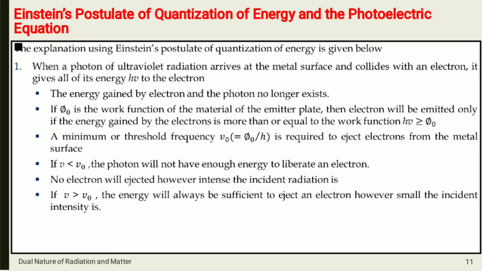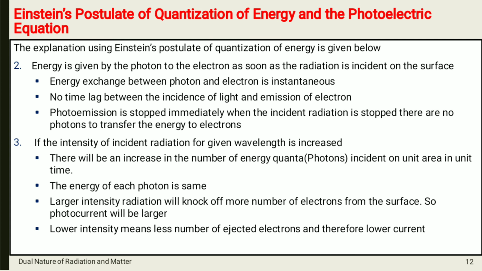Means if the incident frequency of radiation is less than the threshold frequency, there will not be any emission of electrons. No electrons will be ejected, however intense the radiation is. If nu is greater than nu 0, the energy will always be sufficient to eject an electron, however small the intensity of incident radiation is. Okay, this we have discussed earlier also.